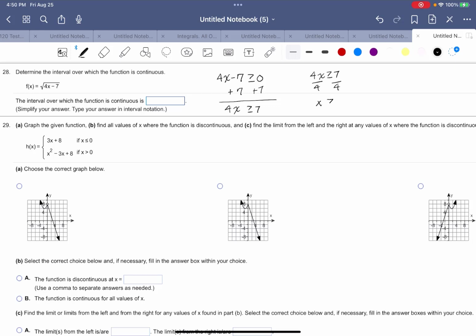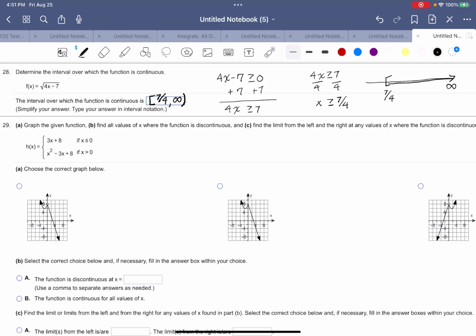So x is greater than or equal to 7/4. Therefore, this function is continuous everywhere from 7/4 to the right to infinity. So in interval notation, it's bracket 7/4, infinity, parentheses.